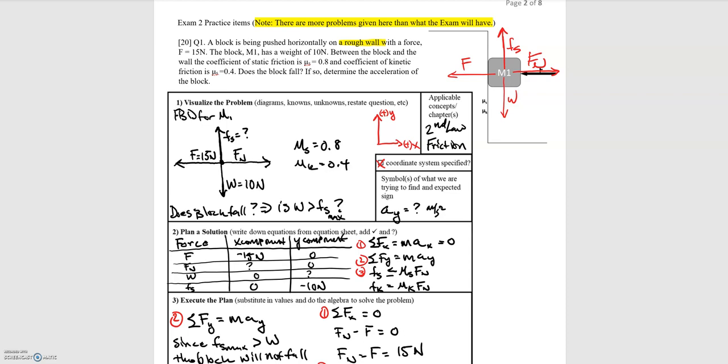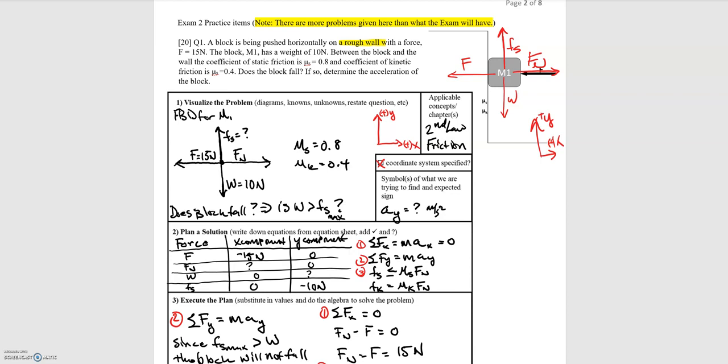Now, if the block isn't falling, then actually I've drawn it fairly well. Because if it's not falling, what do we know about the acceleration? That's the y direction, that's the x direction. What do we know about the acceleration in the y and x direction? Well, if it's stationary, then the acceleration in the y direction and the x direction must be 0. So what does that tell us about forces?